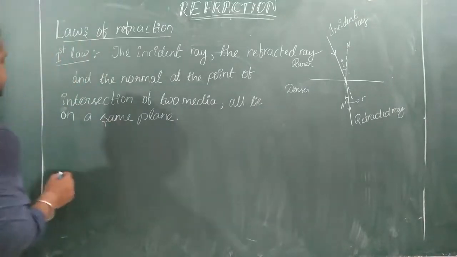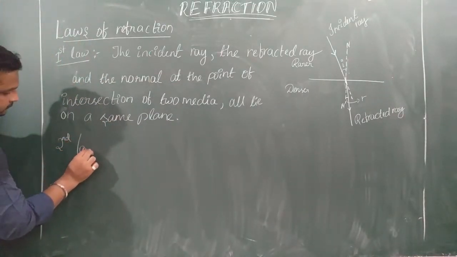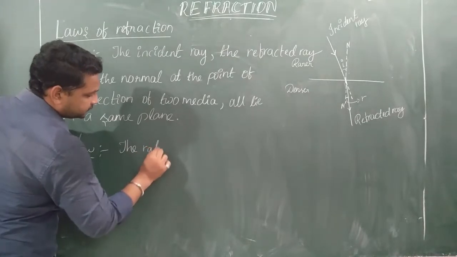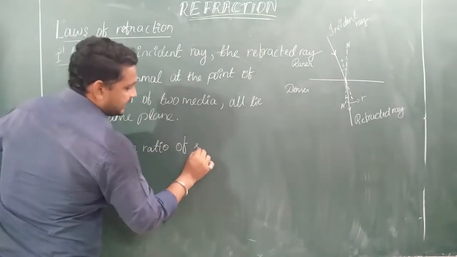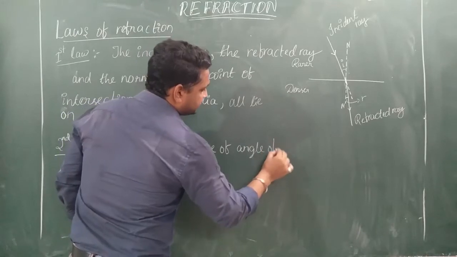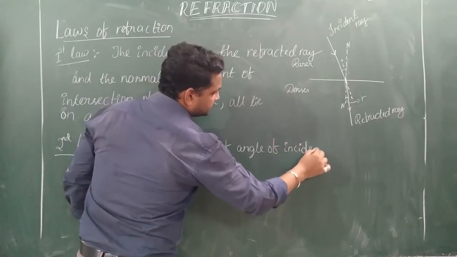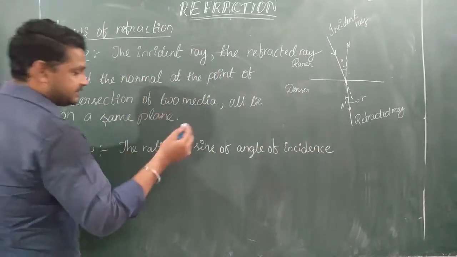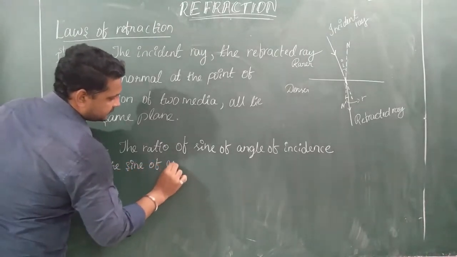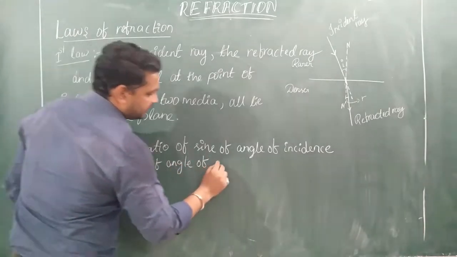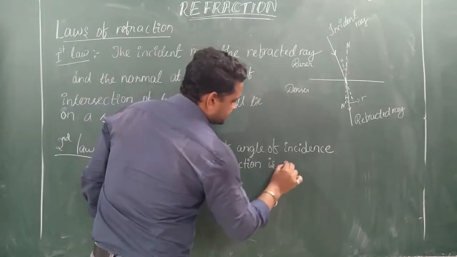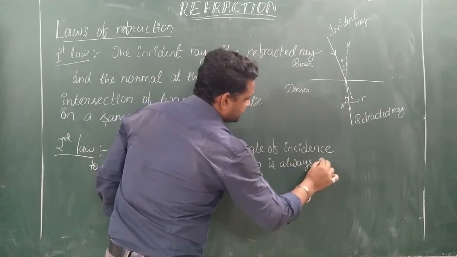Now this is the first law. Then the second law. The second law says that the ratio of sine of angle of incidence to the sine of angle of refraction is always constant.